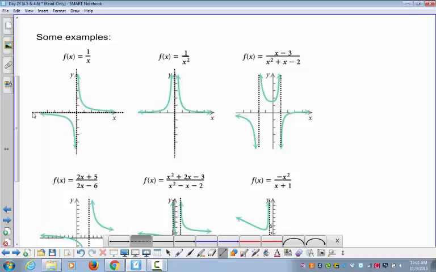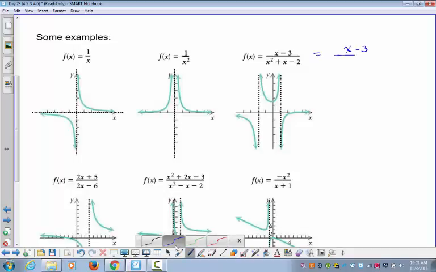And when we're looking at the denominators, last class we talked about there being a vertical asymptote wherever the denominator is 0, as long as the numerator is not simultaneously 0. So if we look at these, the denominator here is 0 when x is 0.